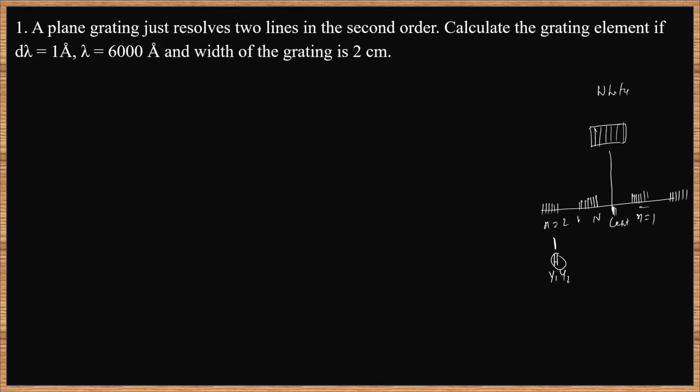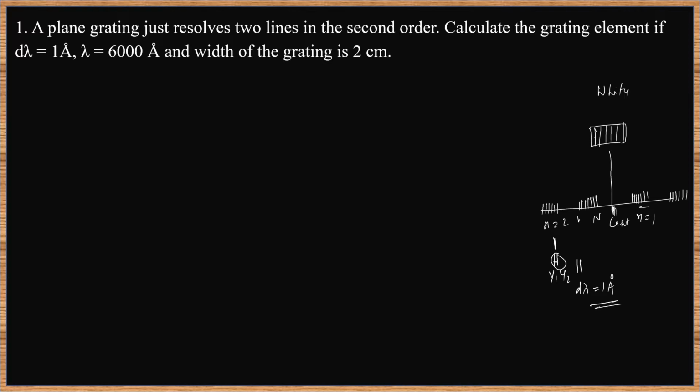Okay, so in that case, the separation between these two lines, that is d lambda, is equal to 1 angstrom. That is what is given here, and the corresponding wavelength is lambda, 6000 angstrom. 6000 angstrom is around red.